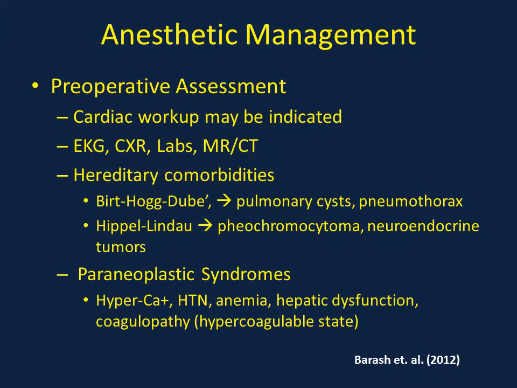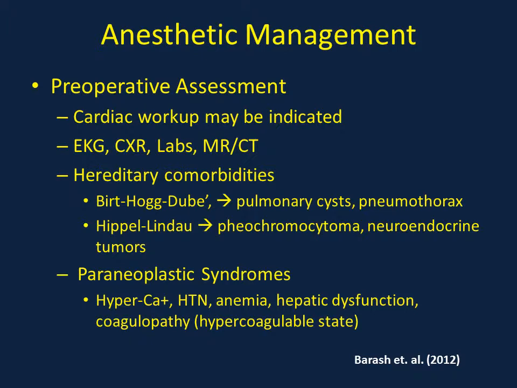Labs could include hematology, chemistry, including calcium, LFTs, a bleeding profile, and of course a urinalysis. Type and cross is necessary related to the significant risk of intraoperative hemorrhage, and a CT or an MRI may be indicated if cancerous lesions invade the inferior vena cava or the right atrium.